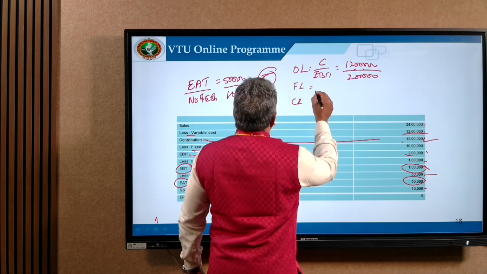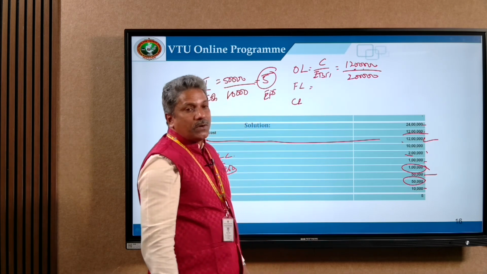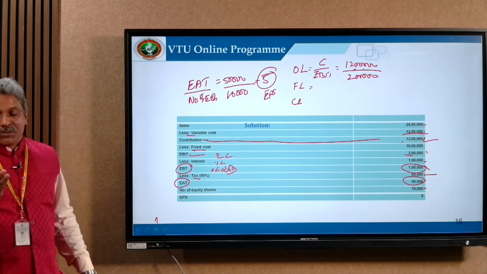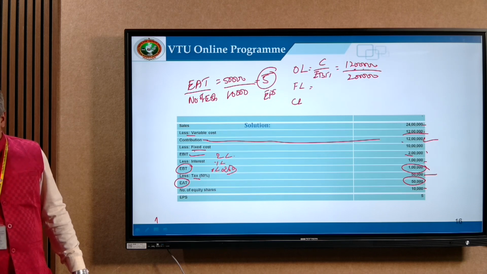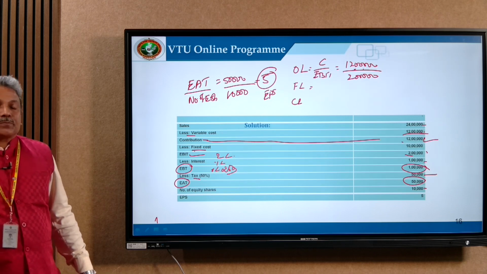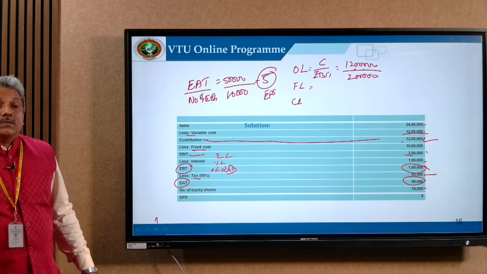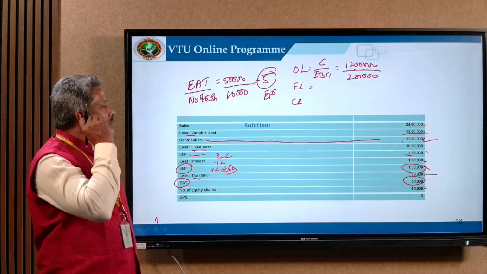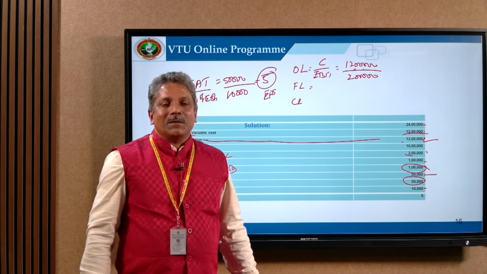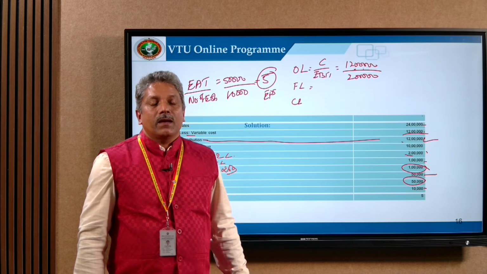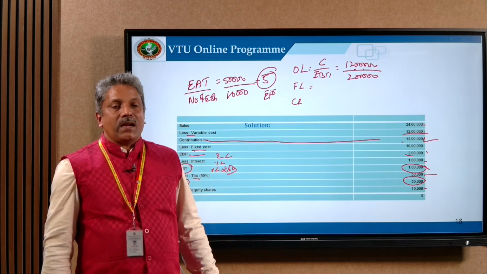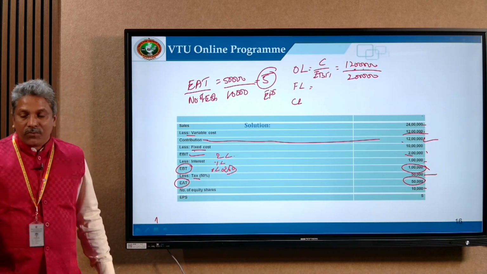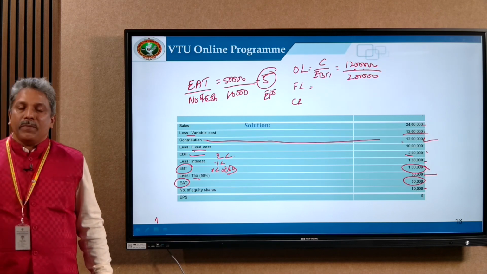In the same way, financial leverage. Just recall the formula, all the three formulas I mentioned: operating leverage, financial leverage and combined leverage. If you are able to recall, please recall the formula for financial leverage. Operating leverage is contribution divided by EBIT.